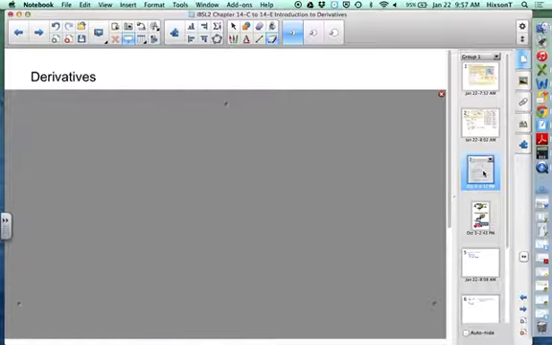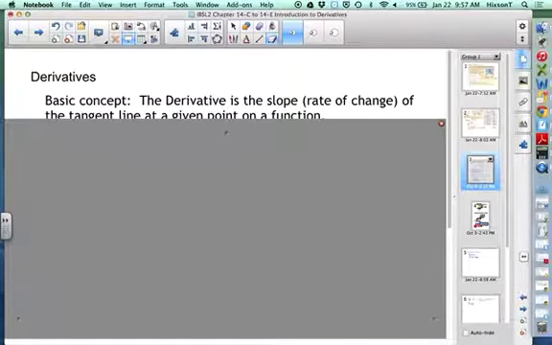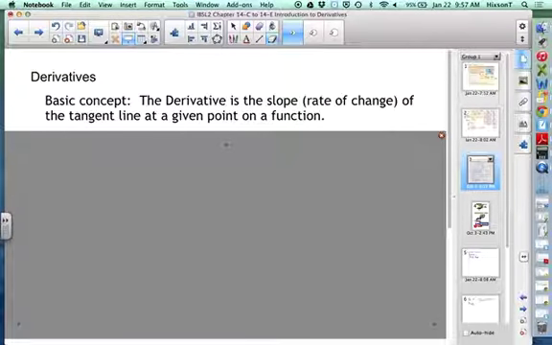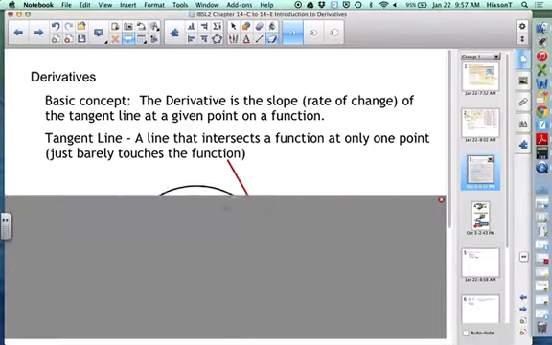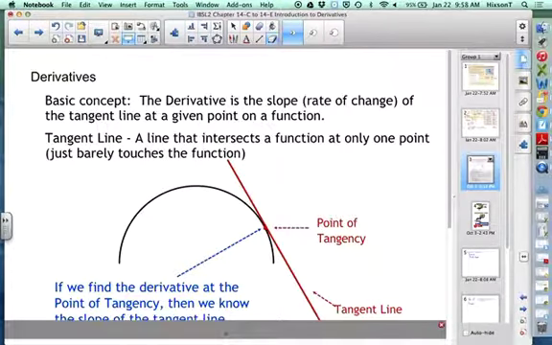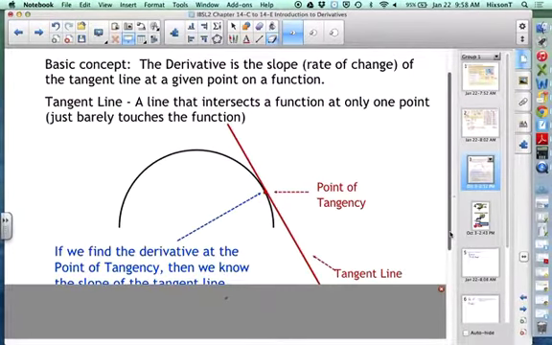and kind of tie together some of the things that I hope you picked up on in the investigation here. First of all, the basic concept of the derivative is that it's the slope, it's the rate of change at a given point. And to find the rate of change at a given point, we're finding the rate of change of the tangent line at that point. Okay? Remember, a tangent line is a line that intersects a function at only one point.